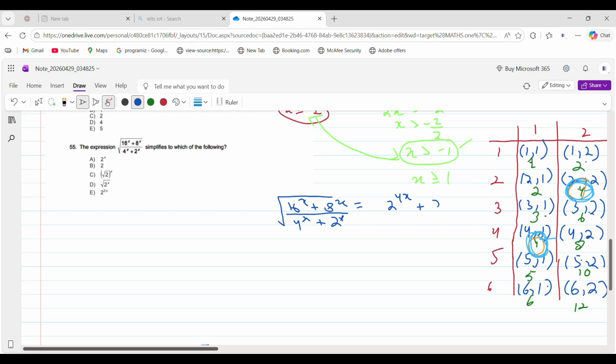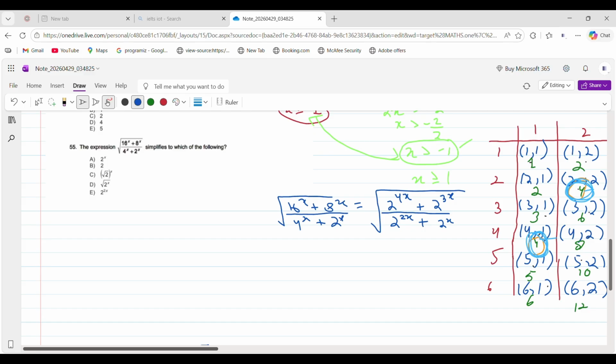And what should be the power of 2 in order to get 8? It is 3, so 3x. Divided by what should be the power of 2 in order to get 4? 2 power 2, of course. 2 2s are 4, right? So 2 power 2x plus 2 power x, all under root.